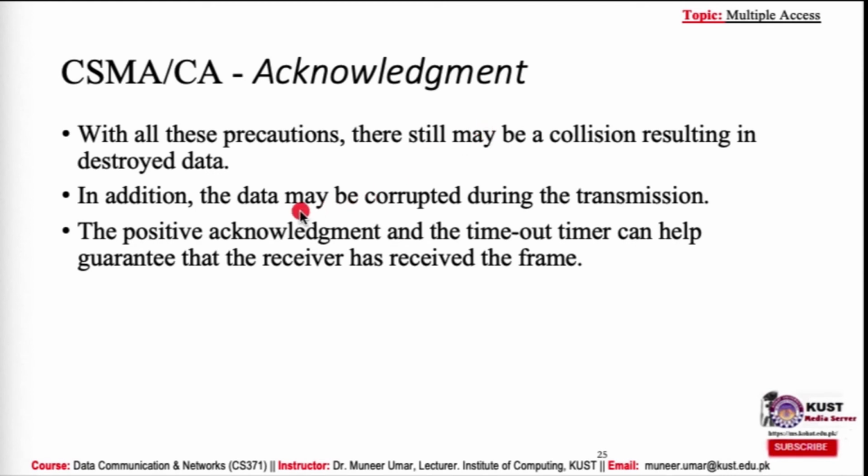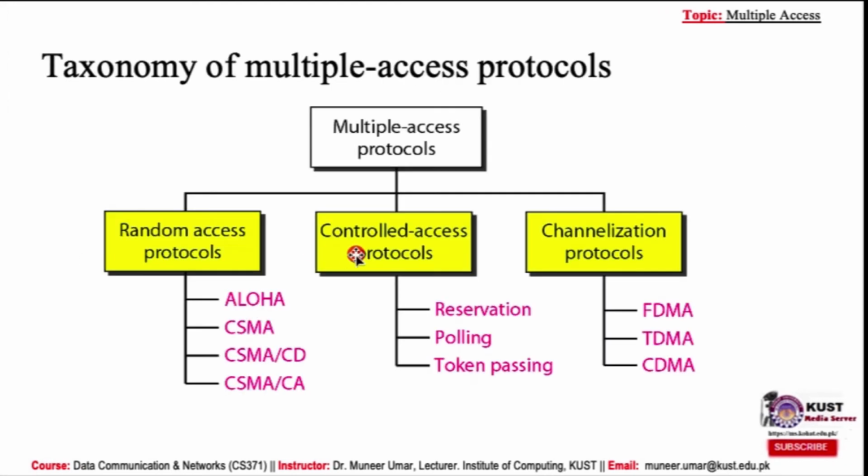In addition, the data may be corrupted during the transmission. The positive acknowledgement and the timeout timer can help guarantee that the receiver has received the frame. So if we apply these three strategies, then the collision can be avoided in networks and particularly in wireless networks.